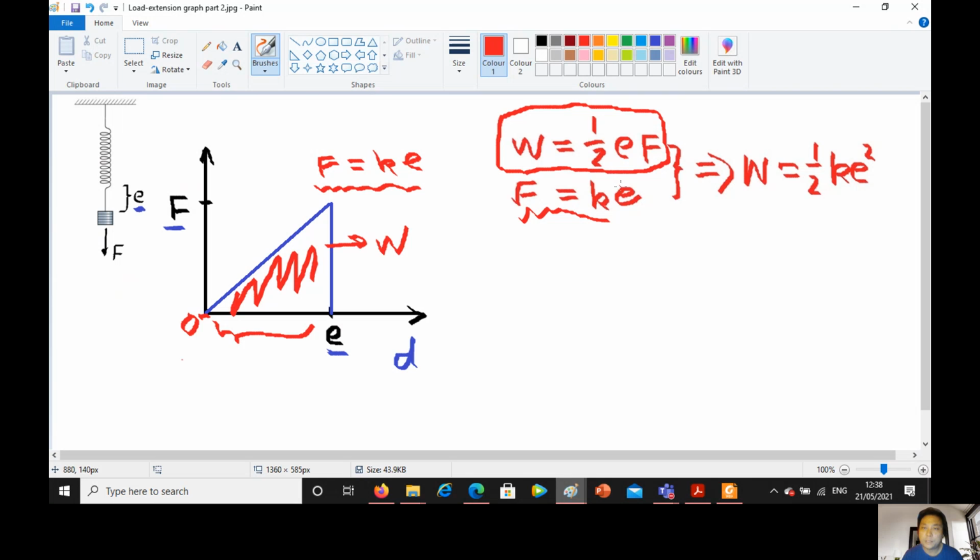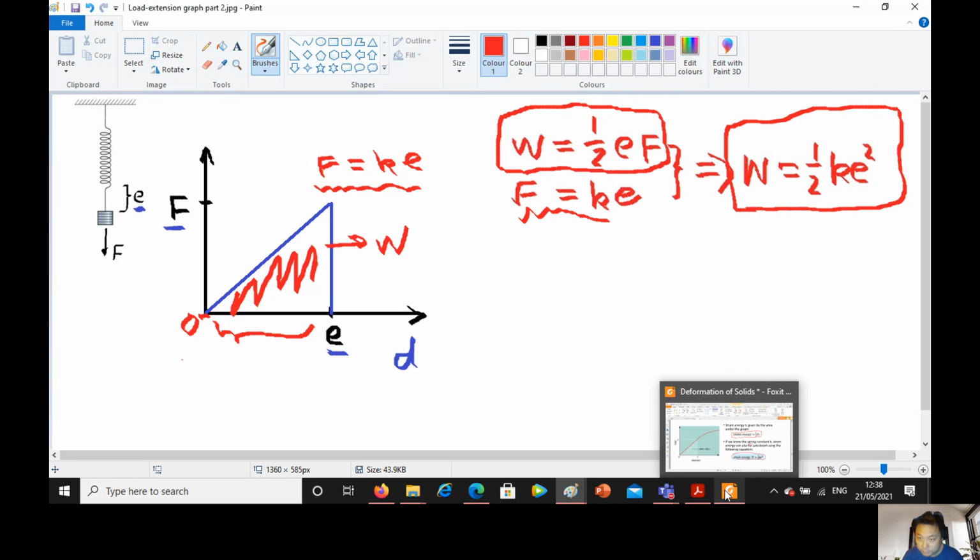These two equations we just rearrange, and we'll be able to figure out that equation. Just a little bit of math, I think it's pretty easy. So that's how these two equations come from.